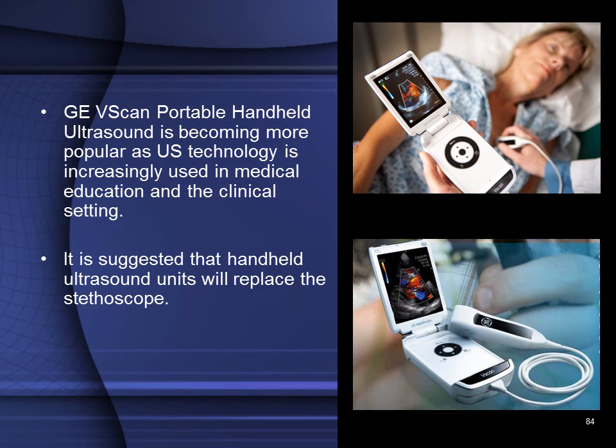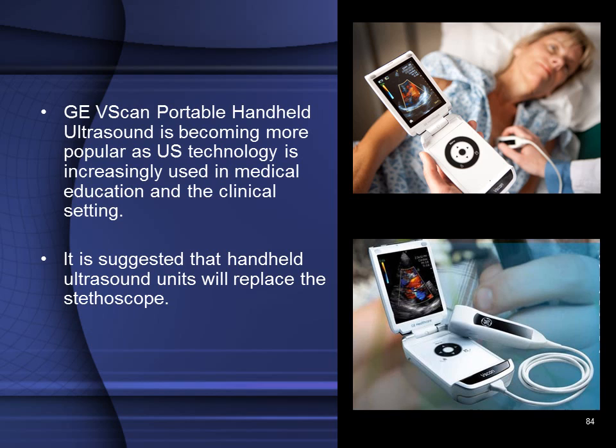Recently, and increasing in popularity, is the use of a portable handheld ultrasound device, such as that produced by General Electric Health Sciences, or the GE V-Scan. This is the unit shown here in the film. This can be used by any healthcare provider and comes with a variety of probes.